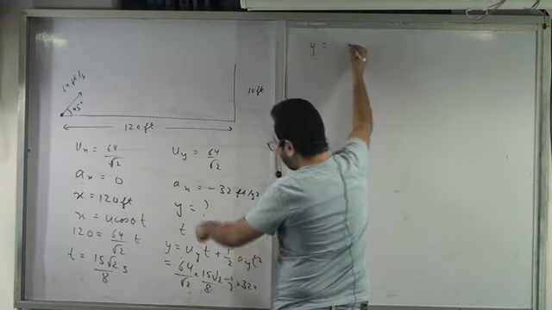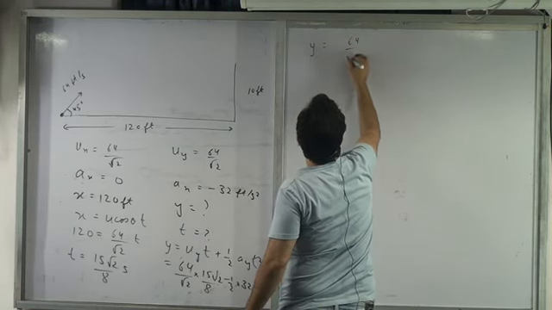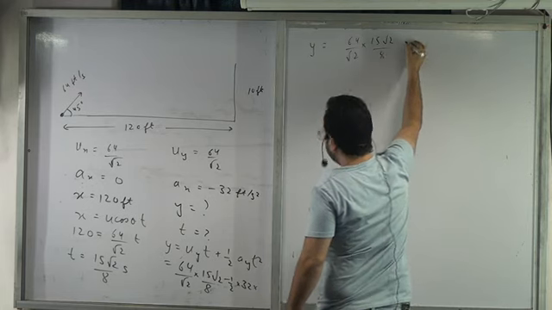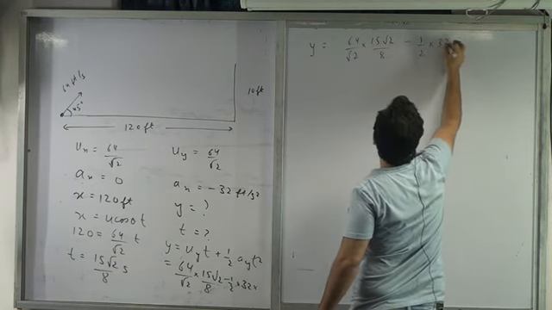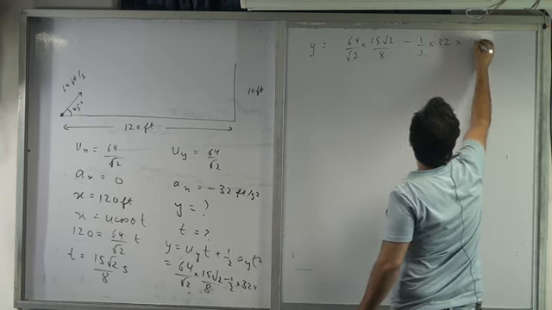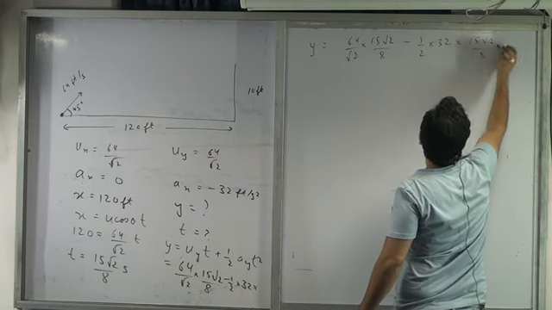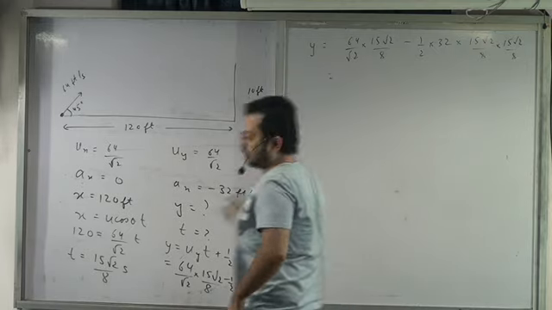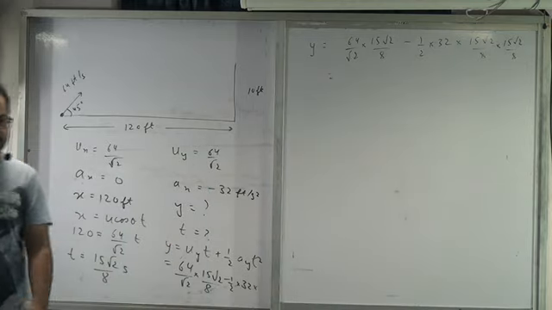So y will be equal to 64 by root 2 into 15 root 2 by 8 minus half into 32 into the time square, and that is 15 root 2 by 8 into 15 root 2 by 8. Is that clear?